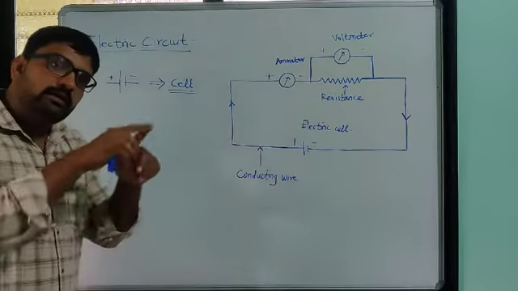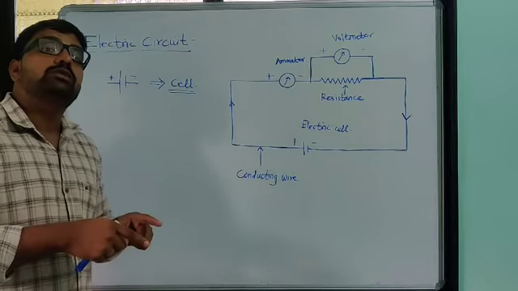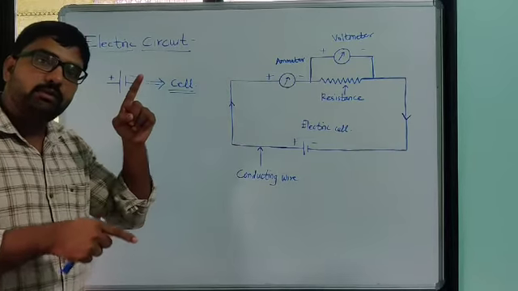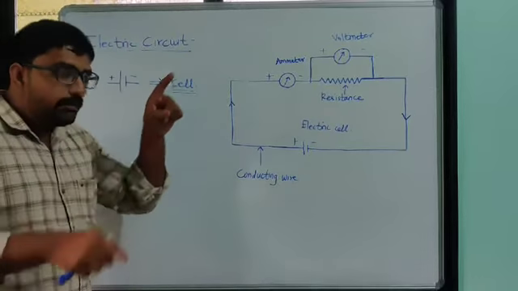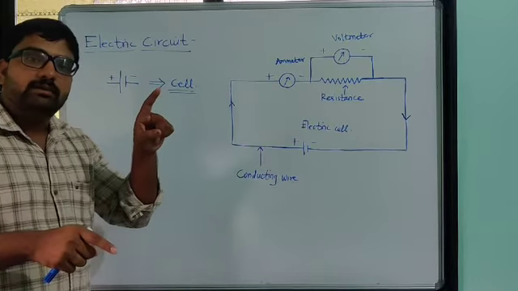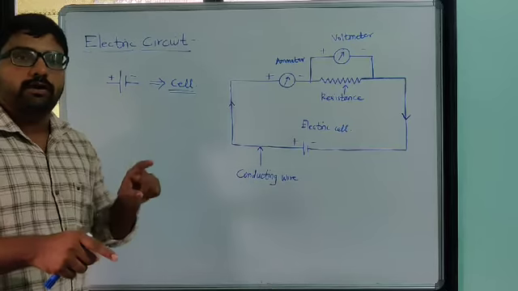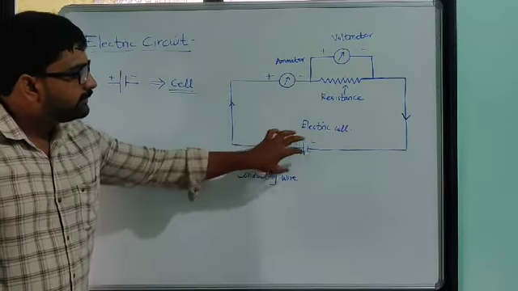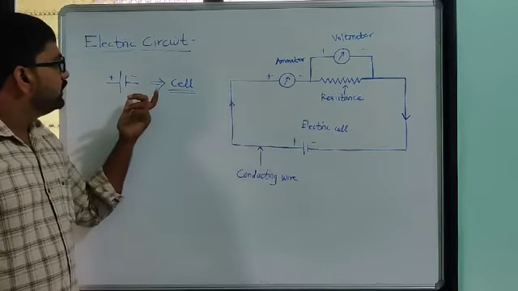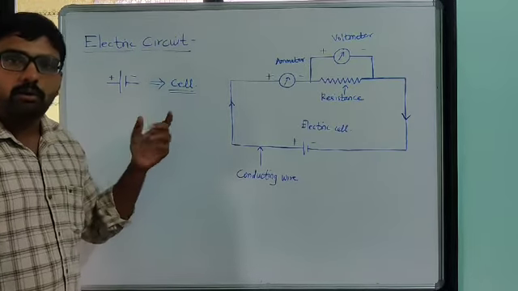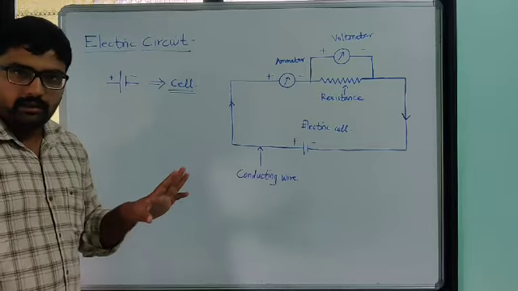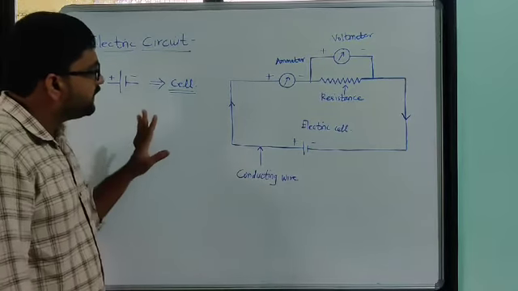The wire is one, but we connect it to two different terminals, so an electric potential difference is generated between the two ends of the wire. This is the electric cell, used to create potential difference between the two terminals of a wire. Understood? So this is one electric component.